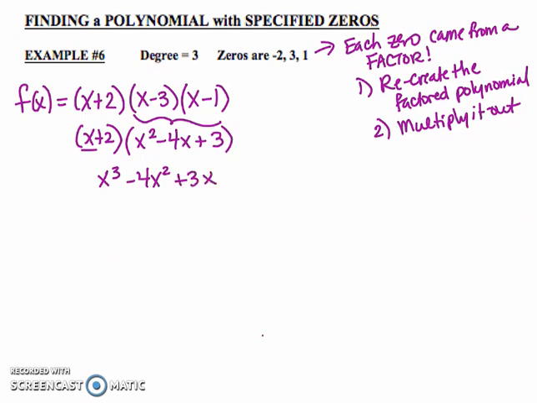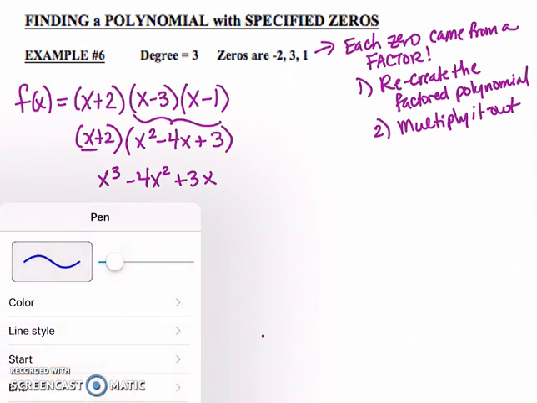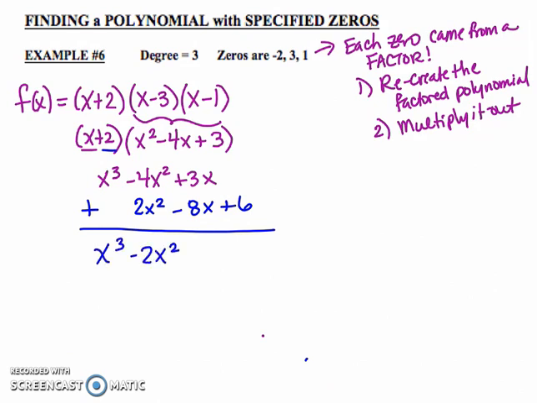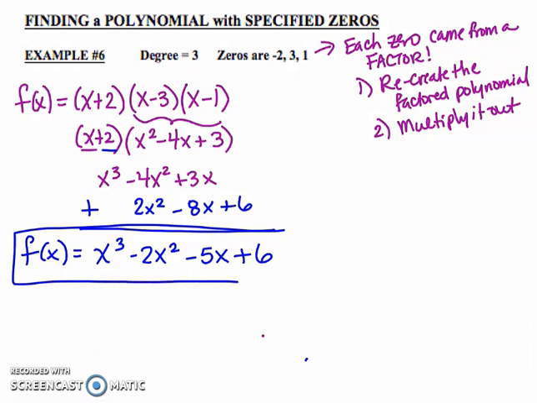And then if I take the 2 from the binomial and I multiply it all the way across, I'm going to get positive 2x squared, negative 8x, and positive 6. And now I'm just going to combine like terms. So I get x cubed minus 2x squared minus 5x plus 6. This is the polynomial f of x that has the three zeros that were specified.